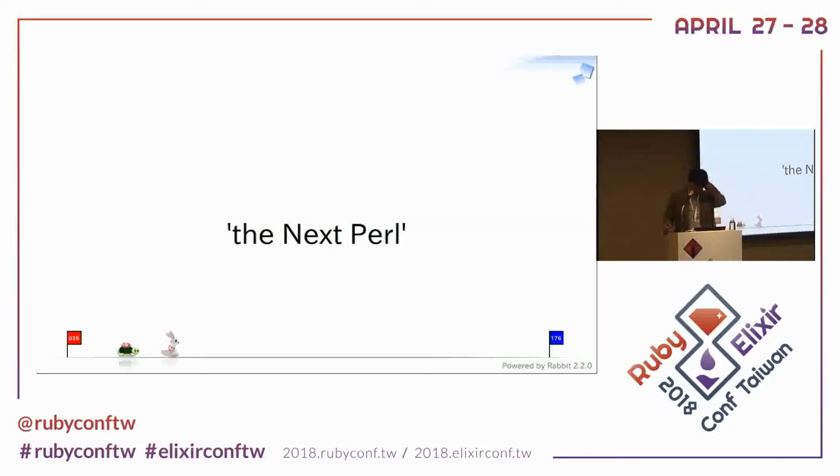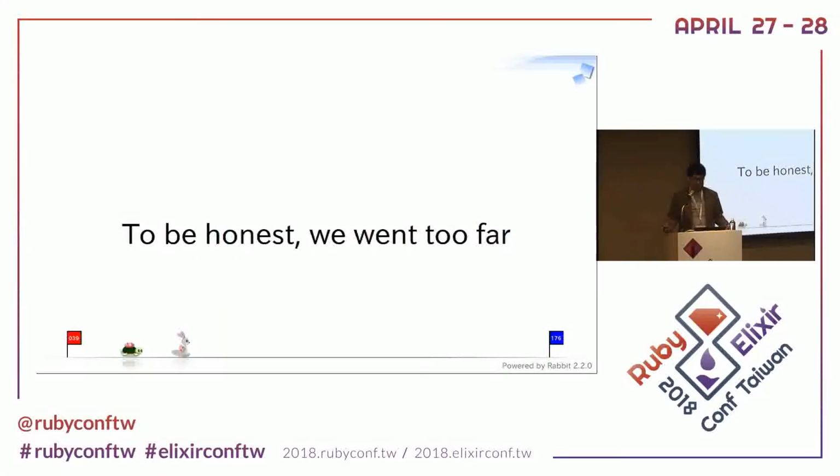The next Perl was my primary goal back then, and then I somehow regret that I went too far. But I wanted Ruby to be as useful as Perl, as strong as Perl. To be honest, we went too far, like some weird global variable names.